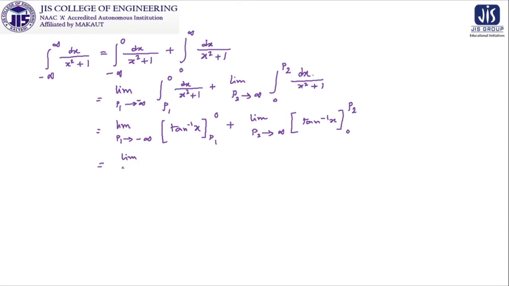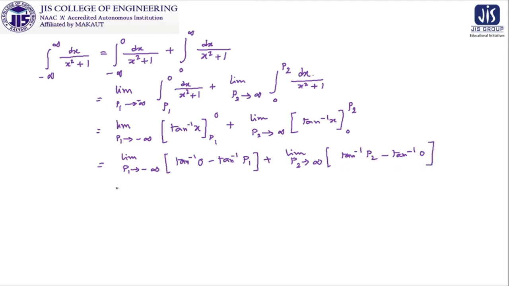So proceeding further in simplified manner, limit p1 tends to minus infinity, we can write it as tan inverse 0 minus tan inverse p1, then plus limit p2 tends to infinity, tan inverse p2 minus tan inverse 0.